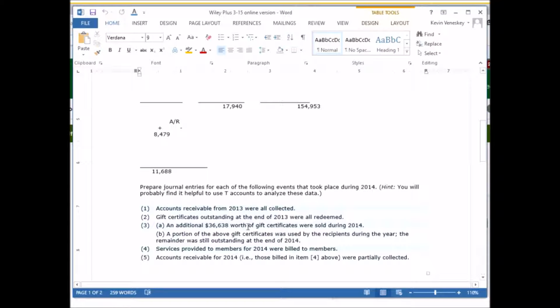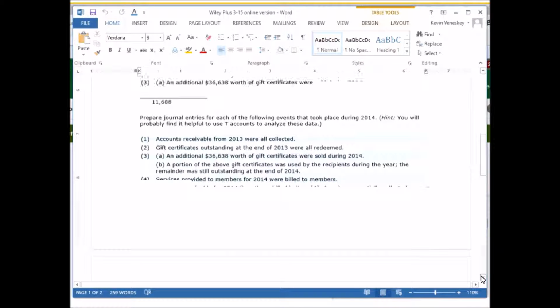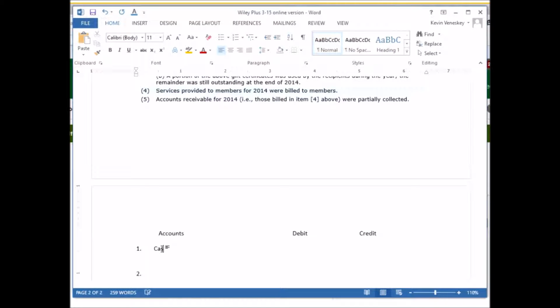And so now we can jump in. First one, accounts receivable from 2013 were all collected. So we ask ourselves the two questions. The debit question is, what did the business get? If accounts receivables were all collected, hopefully you think right off the bat, we got cash. So I come down here to journal entry number 1, I got cash, but I just don't know how much.